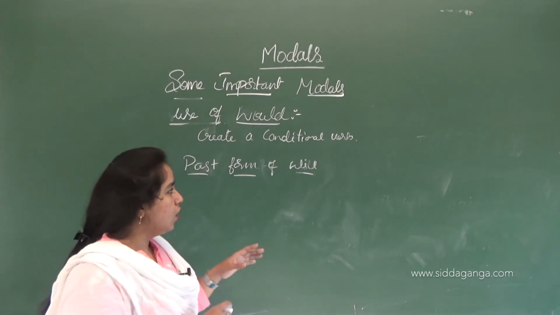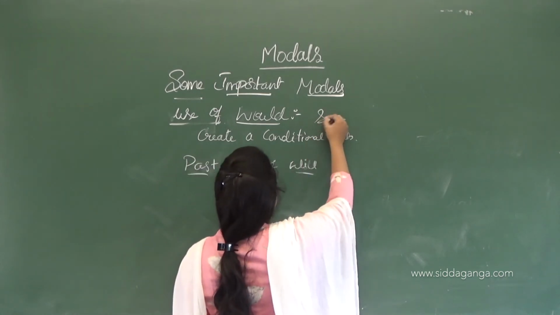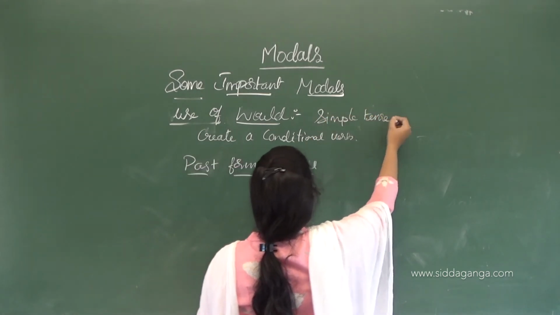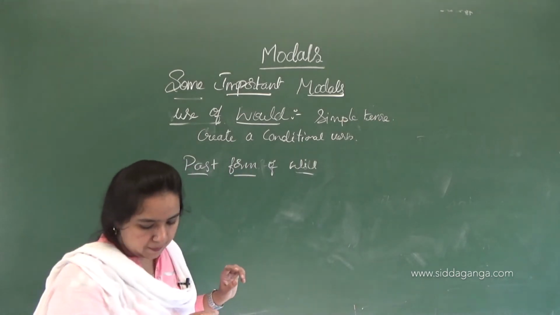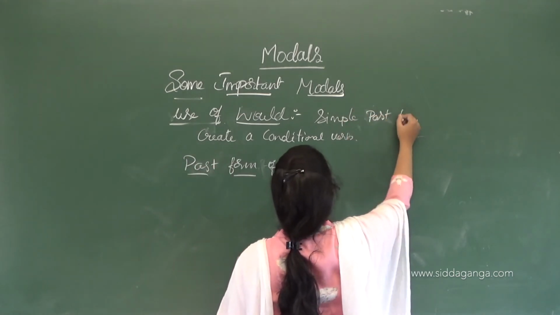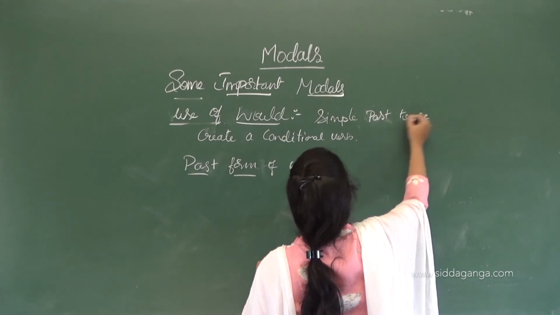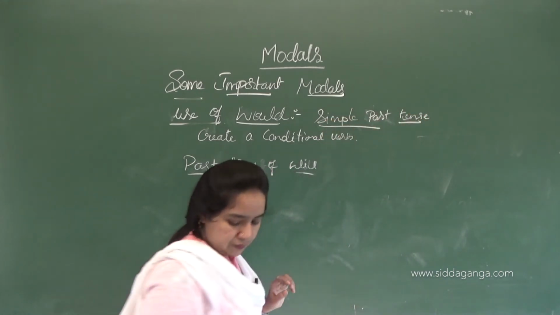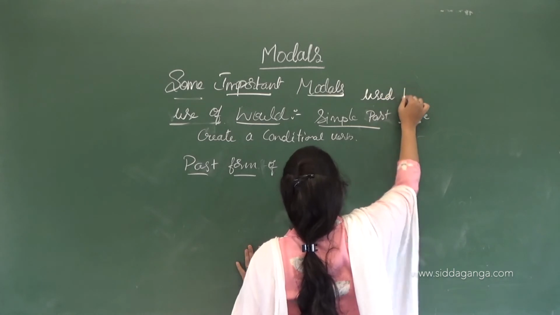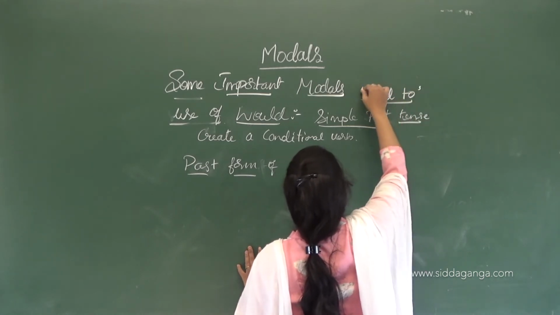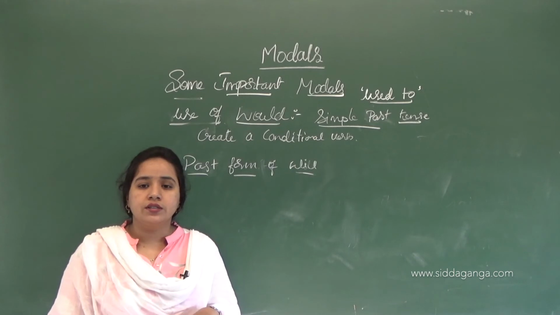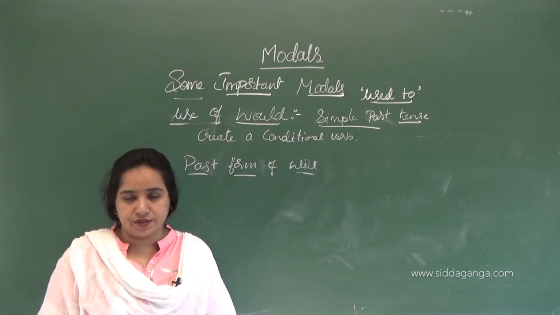So we can also use this in a simple past tense. When we use simple past tense, in that case we utilize this would, and also used to. Okay, so used to is also used for saying about past habits.